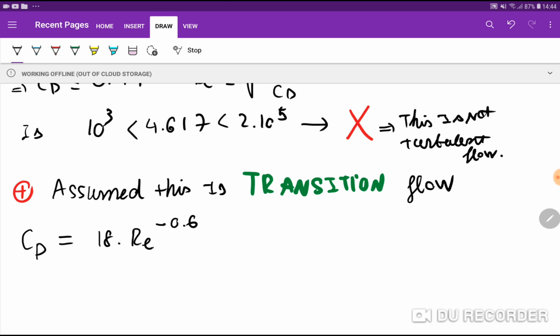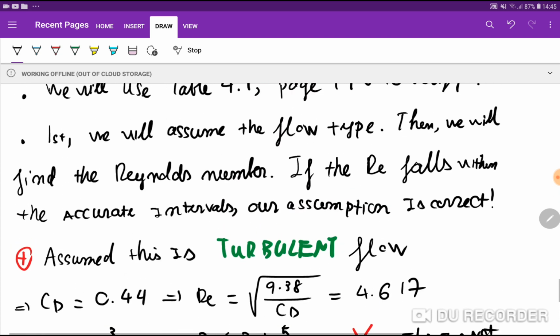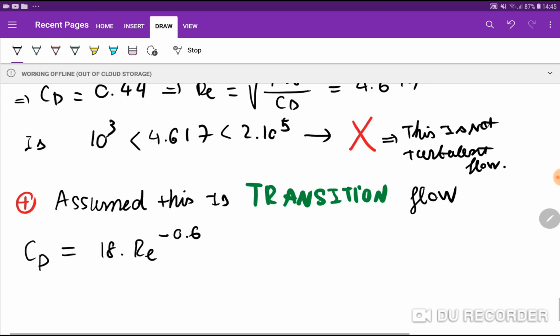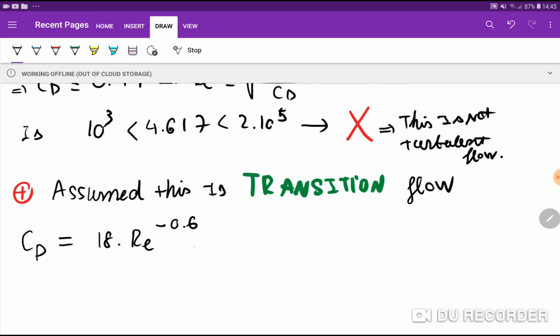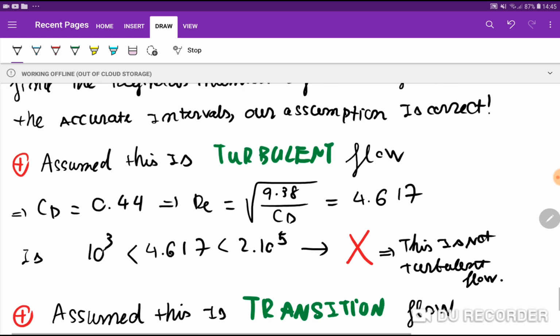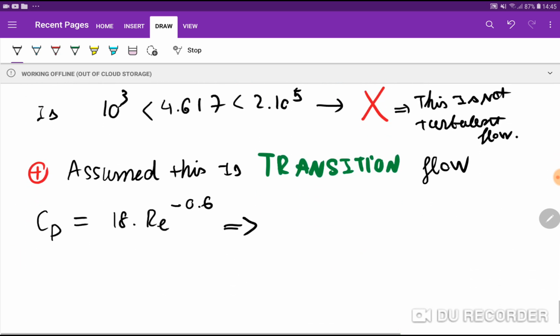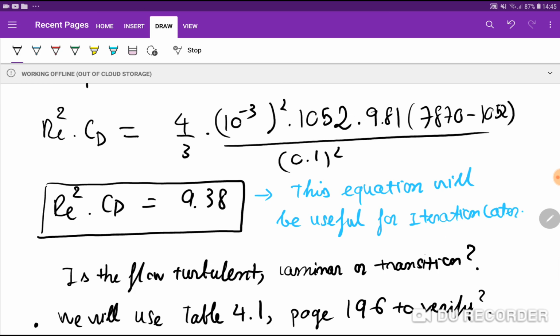Okay, so now you have this equation right here. Okay, so you can replace the drag coefficient with 9.38 over RE squared, right?